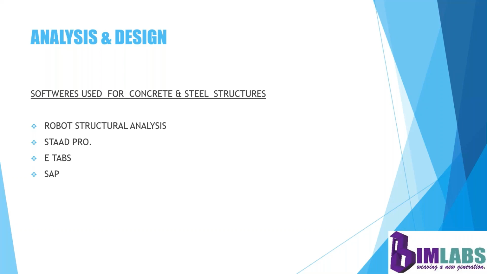You have one more structural analysis software called Robot Structural Analysis. It is a product of Autodesk. To that software also you can take this Revit structure model and you can analyze and design it, or otherwise you can take it to STAAD.Pro or ETABS. Different plugins are available in order to take our model to STAAD.Pro and ETABS and the rest of the softwares also.